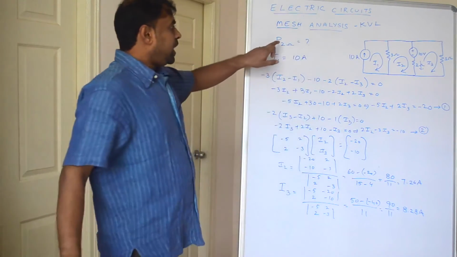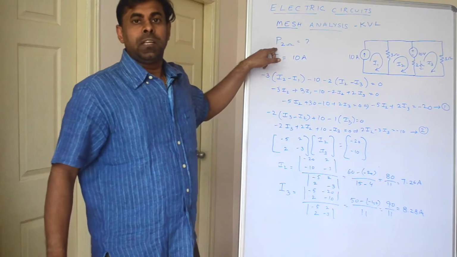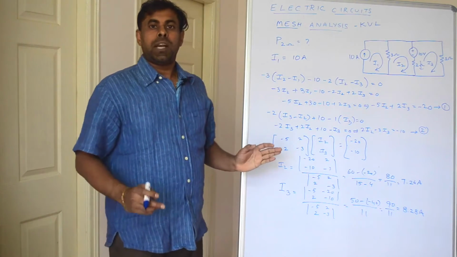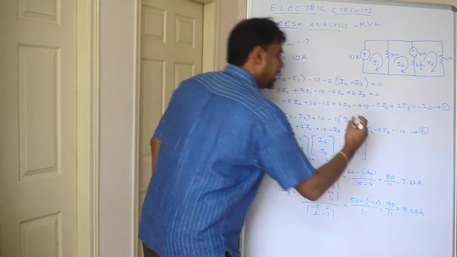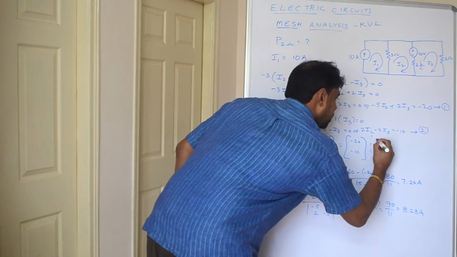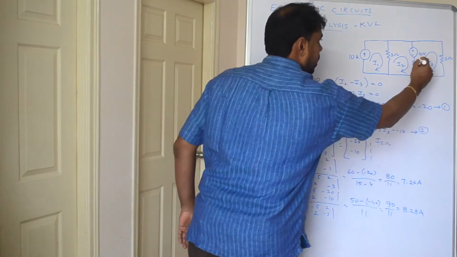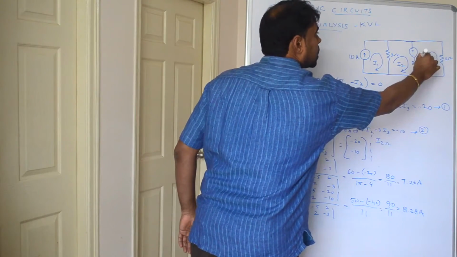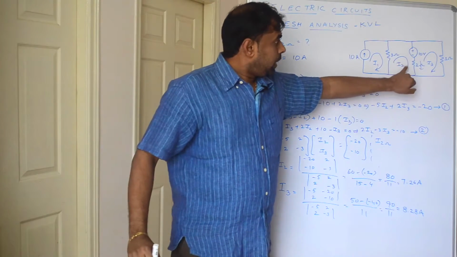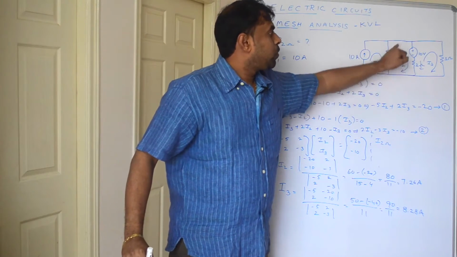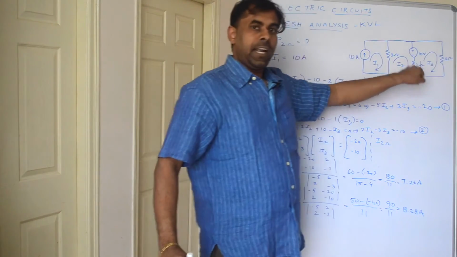Our objective is to find the power in the 2 ohm resistor. Power is nothing but current squared into resistance, or voltage squared by resistance. Let us find the current in the 2 ohm resistor. Suppose the current in 2 ohms is flowing from top to bottom. In this mesh we assumed current I2 is flowing, and in this mesh we assumed current I3 is flowing.